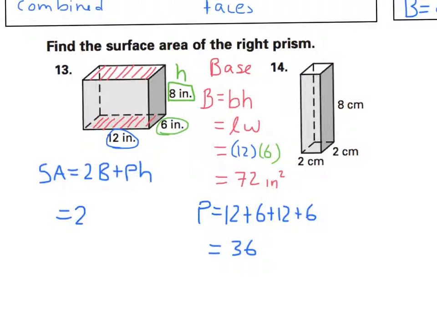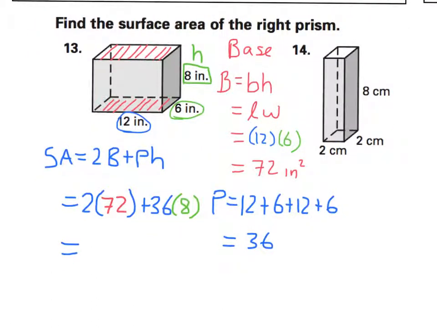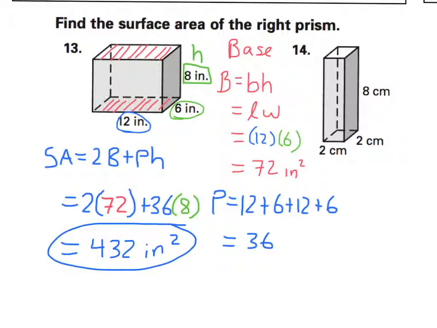So 2 times 72 plus 36 times 8. To get 432 inches squared. Because it's an area, it's inches squared.